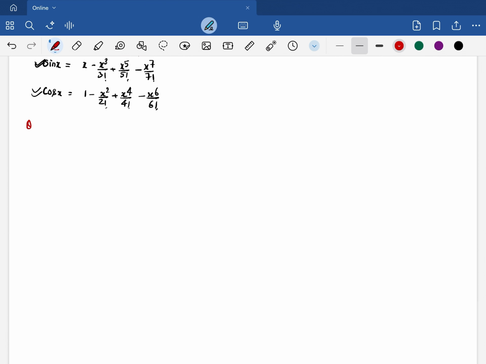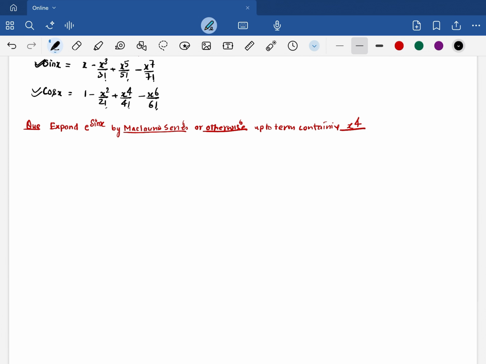What's the next question? The question is like this: expand e to the power sin x by Maclaurin series. Remember, here it is mentioned by Maclaurin series or otherwise, so we can also use the otherwise method, up to the term containing x to the power 4.